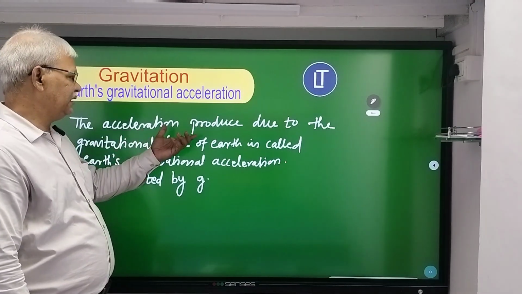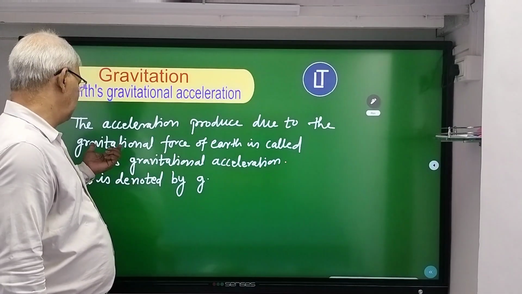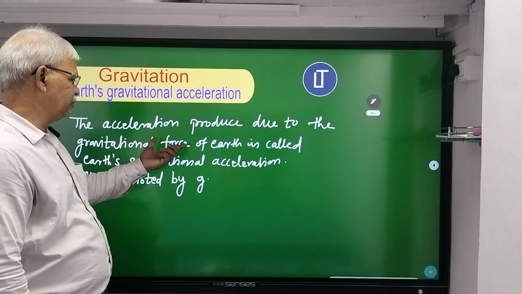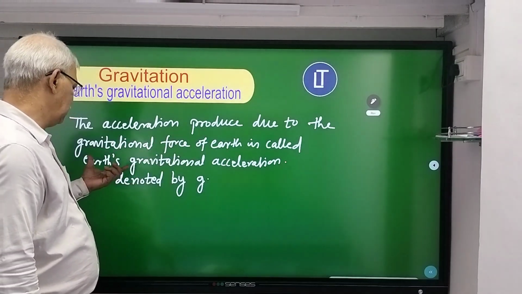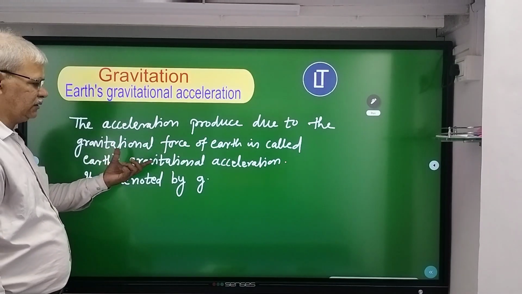The acceleration produced due to the gravitational force of Earth is called Earth gravitational acceleration.